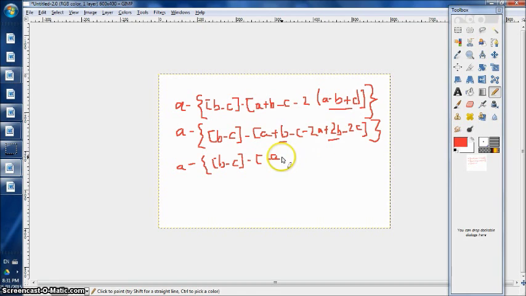So a minus 2a is negative a, plus b plus 2b is 3b, and then c minus 2c is negative c.